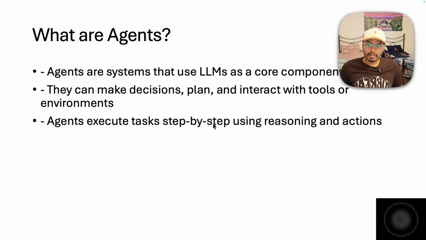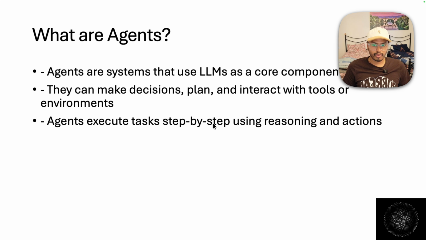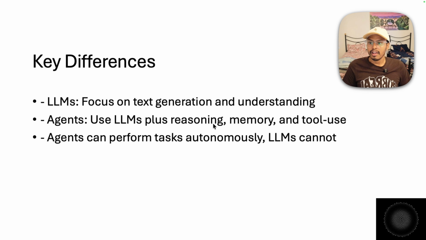Agents are also capable of executing tasks based on step-by-step analysis, which we call few shot or zero shot or whatsoever, which we will come to later. They can use reasoning mechanisms for this. They can also perform some actions, check the output, and if they think it's good, they proceed, or else they don't. We'll see this in detail.